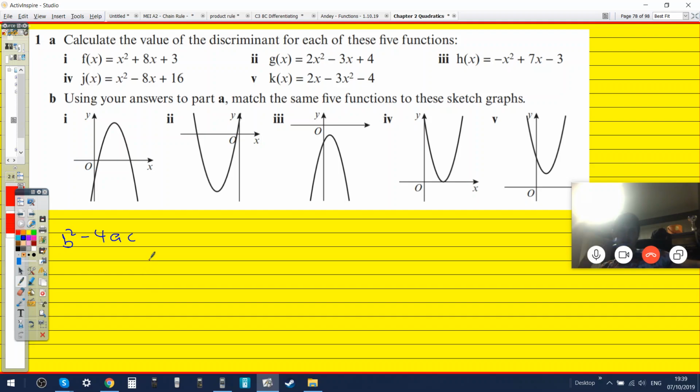So will that be 8 squared minus 4 times 1 times 3? Which is equal to 8 squared. Is equal to 52. Okay.